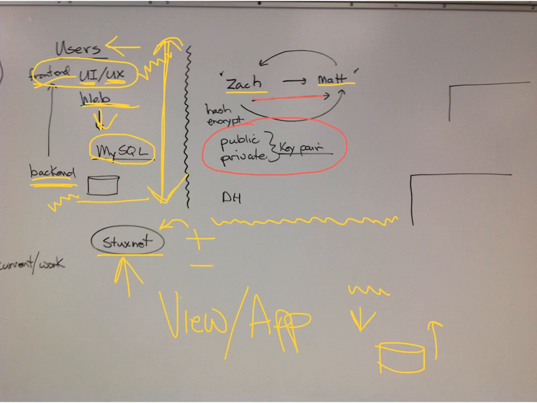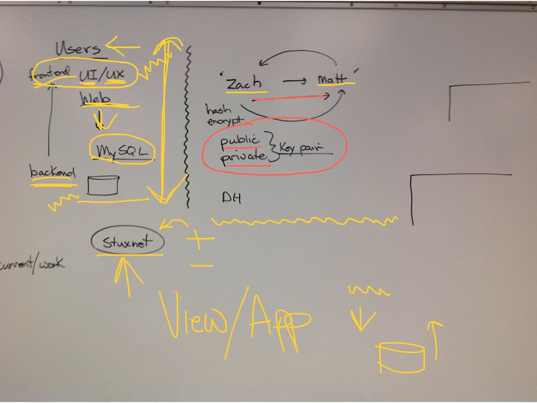We can have a key pair. Encrypt it with your public key, you can only decrypt it with your private key. And vice versa. Encrypt it with your private key, you can only decrypt it with your public key.